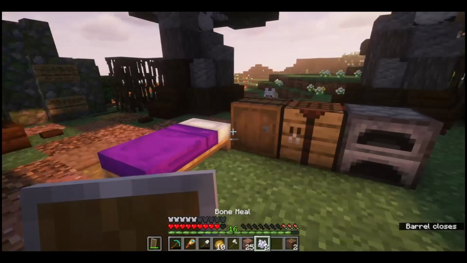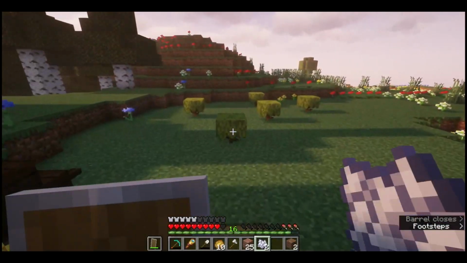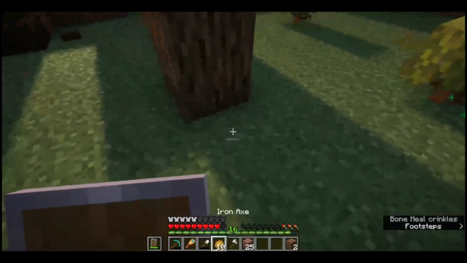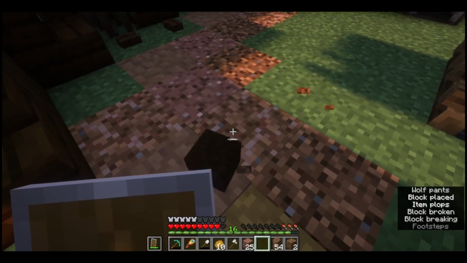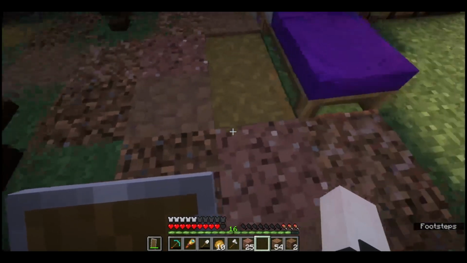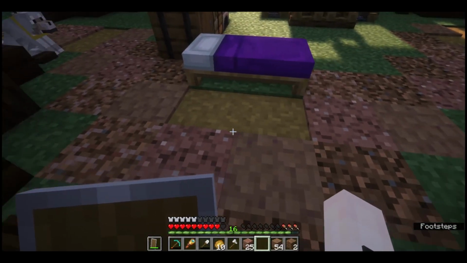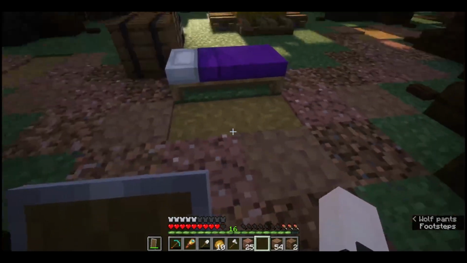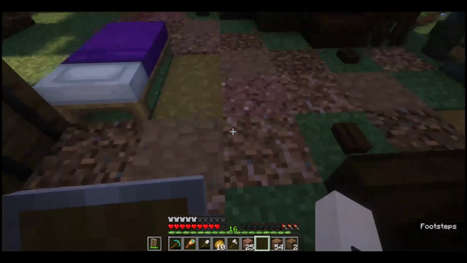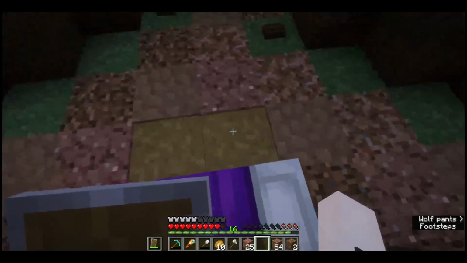I do have bone meal, so I'm gonna bone meal one of these trees and then dig the dirt out of it. Oh, you're kidding me. So this was right here. Okay. This part here is going to be a bit annoying to figure out. I'm thinking coarse dirt probably here.